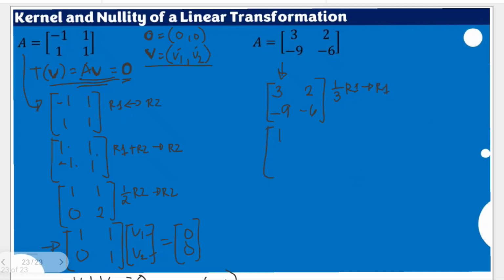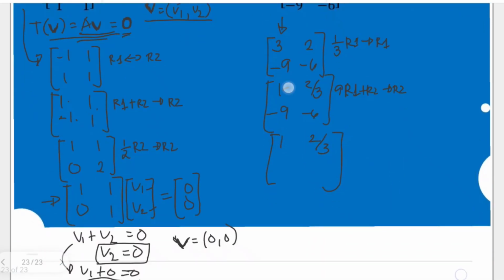We have 1, 2/3, this is still negative 9, and this is negative 6. Then to make this 0, we multiply row 1 by 9 and add it to row 2 for a new row 2. So we have 1 and 2/3 still. 9 times 1 is 9, plus negative 9 is 0. 9 times 2/3 is 6, minus 6 is 0. Once we reach this point, this is already a row echelon form.